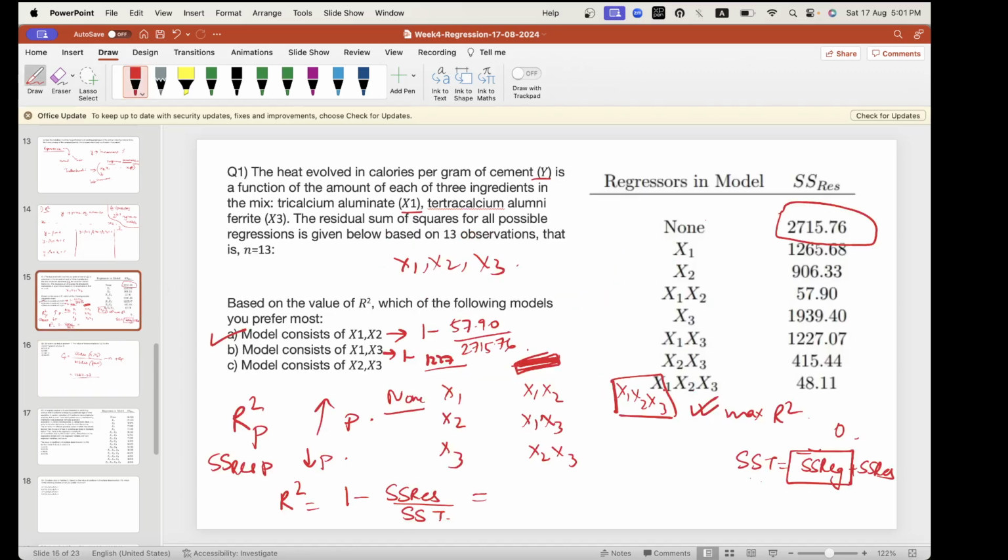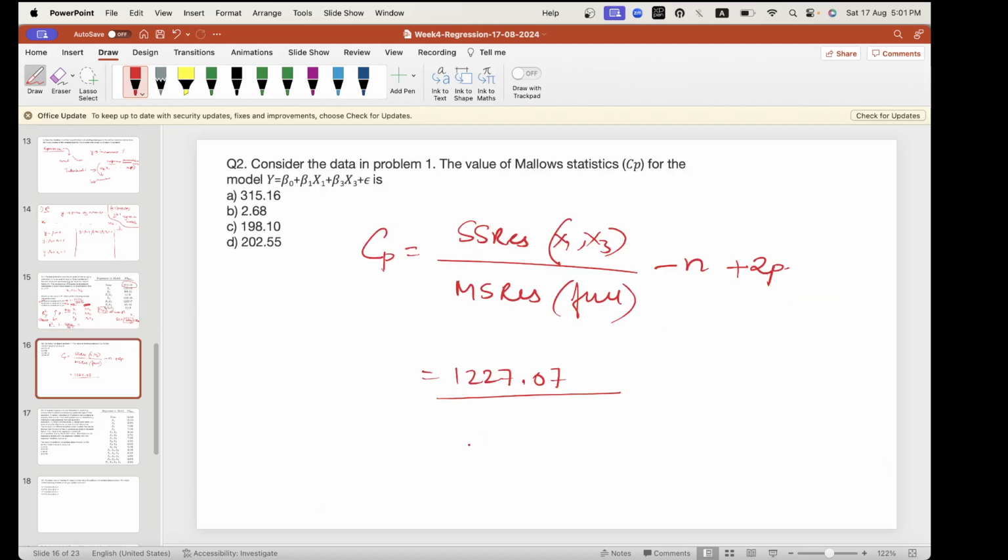So the full model is x1 x2 x3. MS residual is SS residual by degrees of freedom. So this one would be SS residual full by DF, and n would be 13 and 2p would be 2 into, how much would be p?